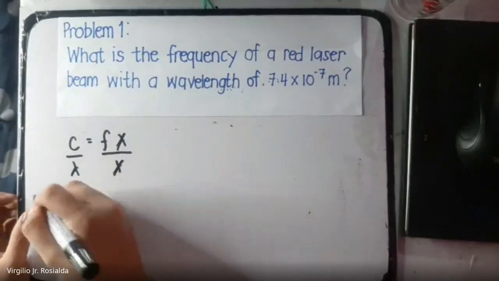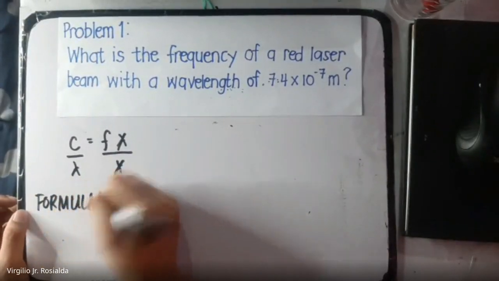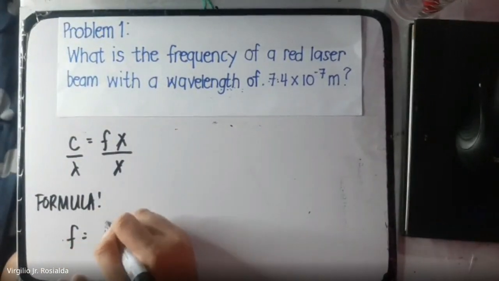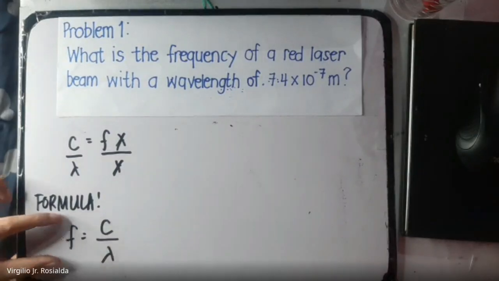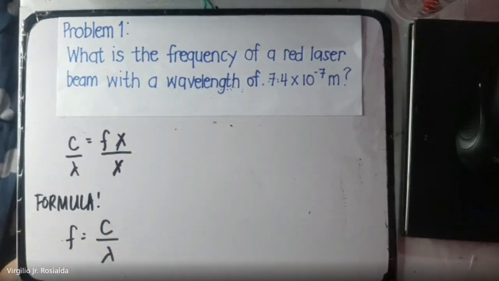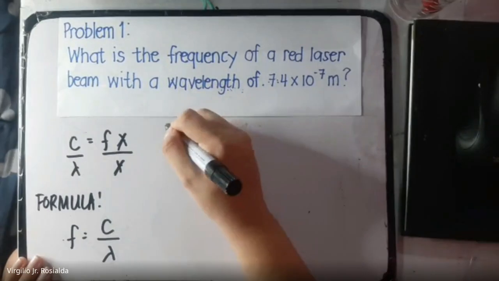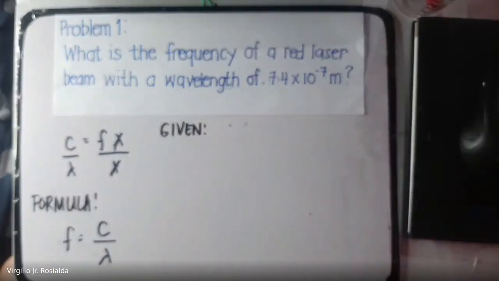So our formula for this particular problem number one is F is equal to C divided by lambda. Ganun lang kasimple. Okay. Frequency is equal to speed of EM wave divided by lambda. So, let's have the given. Ano naman ang given natin? I hope magkasya sa aking board.